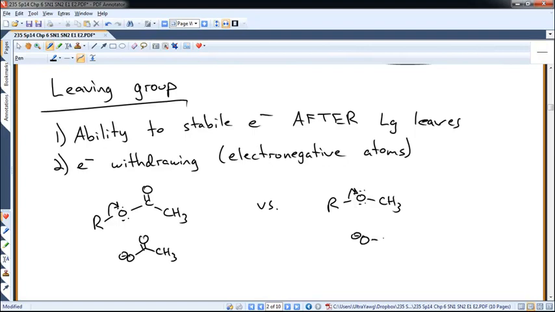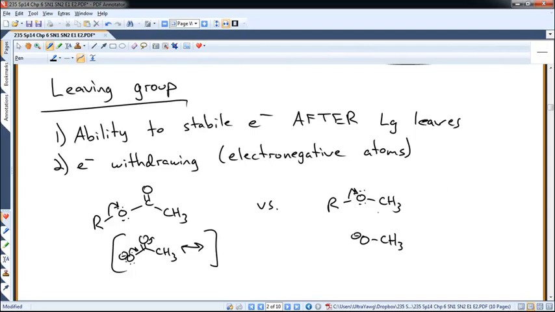In the other case, you get this. Which one is more stable? Well, this one is resonance stabilized. Hopefully we can recognize that by now. Because this is resonance stabilized, number one, the ability to stabilize electrons after the leaving group leaves, this is incredibly stable. Resonance is a great thing to be able to do in order to stabilize electrons. And so this is a much better leaving group than methoxide. Methoxide is actually a really terrible leaving group.